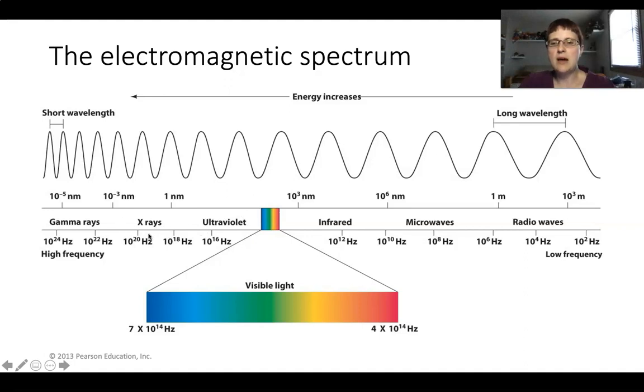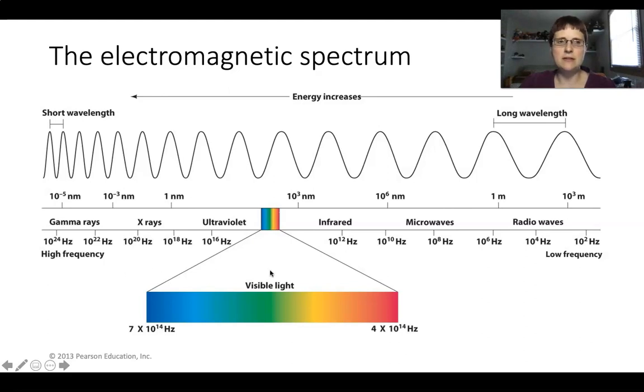Then we keep going. We've got X-rays, which we use in order to do diagnosis and so forth. But we're going to be using some pretty powerful radioactive material in order to do that. And then we've got gamma rays, which are, as you can see, very short wavelength, very high frequency, very high energy waves coming from other parts in the galaxy that can do quite a bit of damage if they hit living tissue.